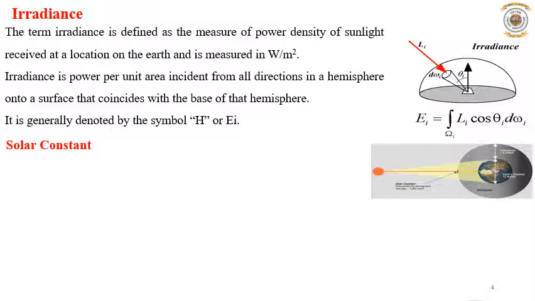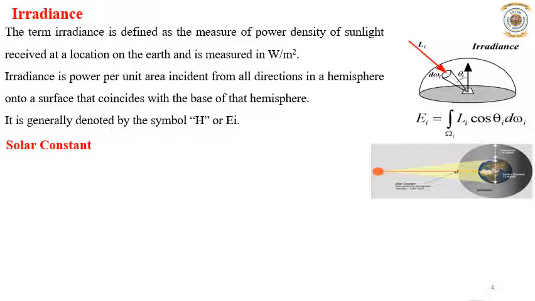The mean distance between the earth and sun is about 1.50 into 10 to the power 8 kilometer. So although the sun is large, it subtends an angle of only about 32 minutes at the earth's surface, because of the very large distance. Thus the beam radiation received from the sun on the earth is almost parallel.